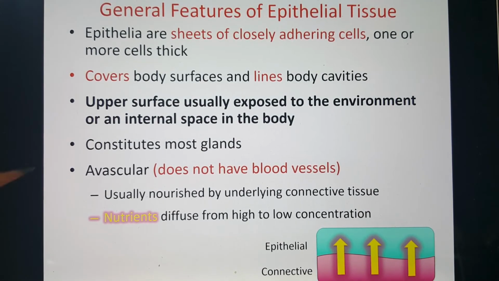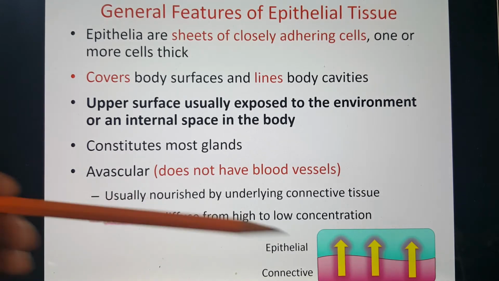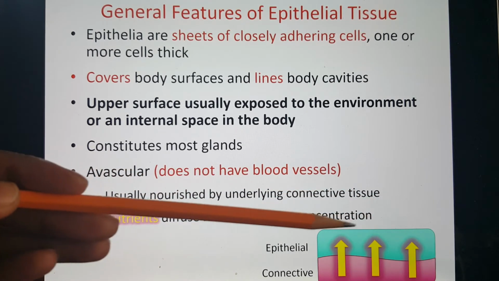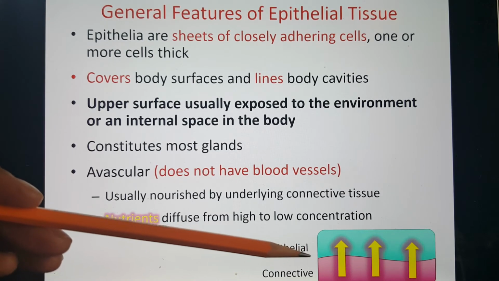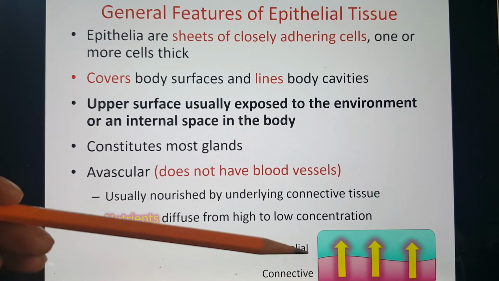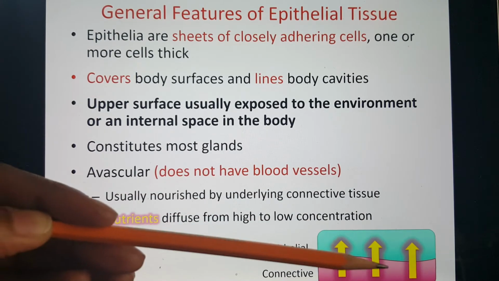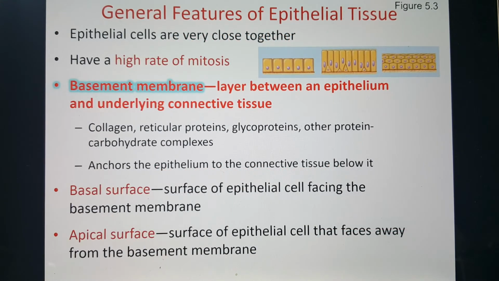With our epithelial tissue, I should mention as well, the upper surface is what's actually exposed to the outside environment, and then your basal surface, the one on the opposite side, is what goes towards the inside of the body. Okay, so epithelial tissue: first thing, high rate of mitosis, because they are exposed to the outside environment, so they're going to be damaged more often.